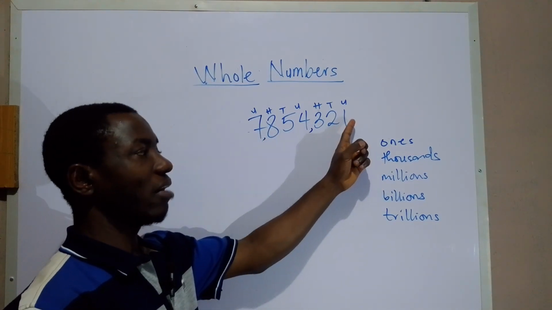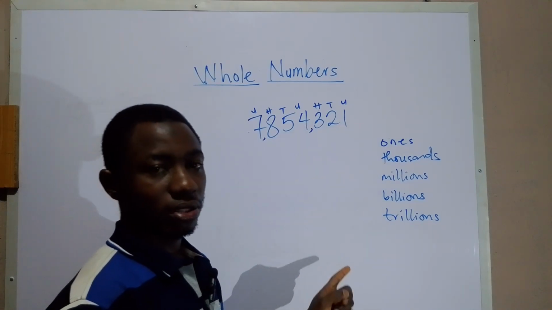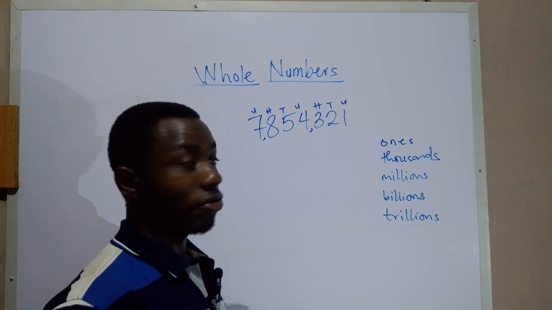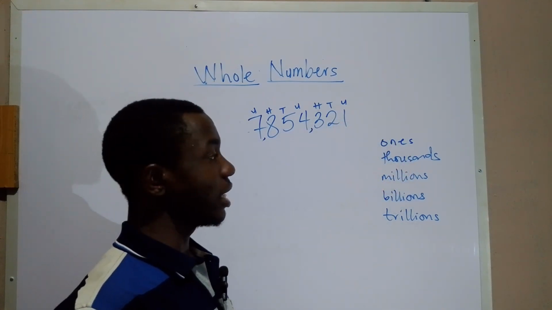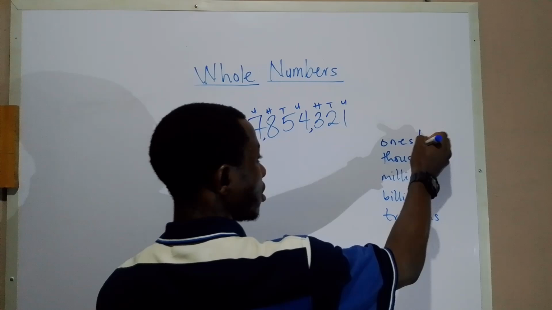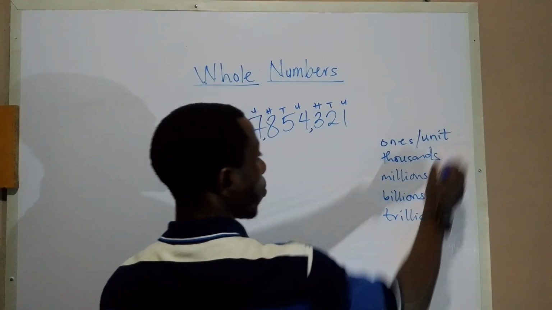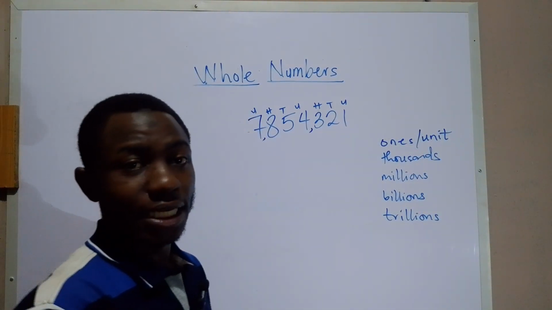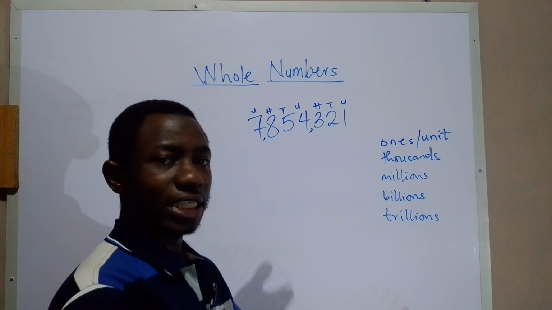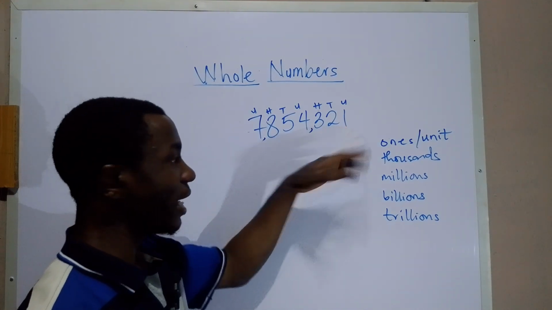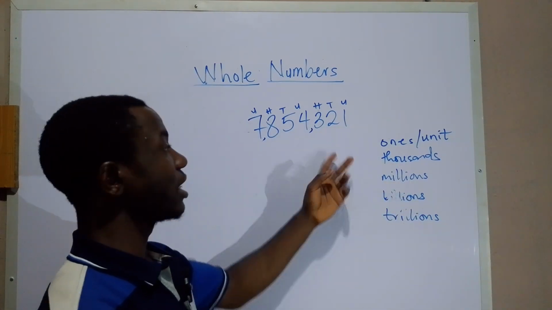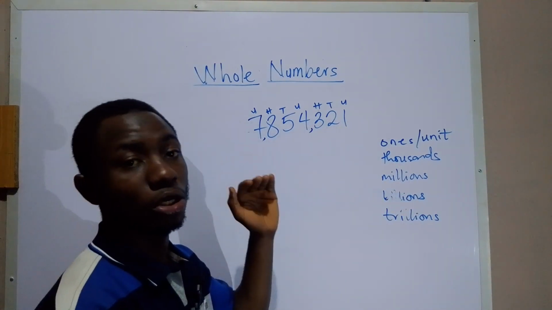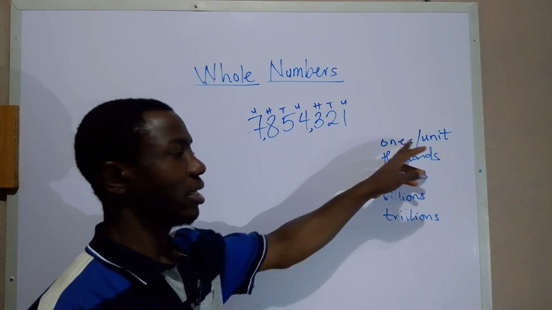But you notice that we don't have any comma before the first period. And that is very obvious because when you say ones period, you mean units, and when you say unit, you just mean one. So anything in one place is just that same thing. So this number in one place is just this number. So it's obvious that we don't have any comma here, not to talk of naming it.